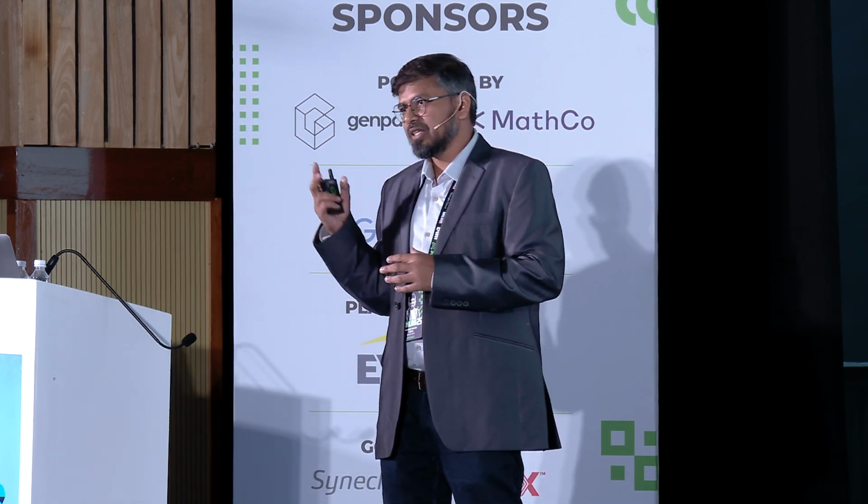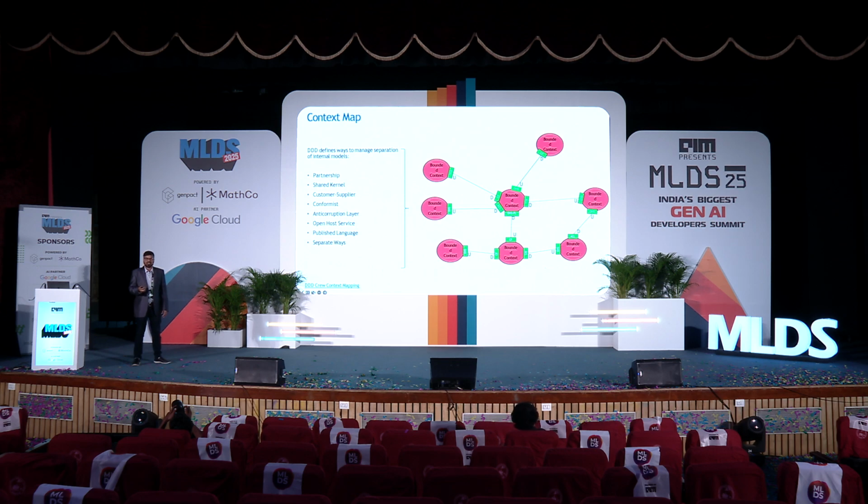Whether it is partnership-based, because two different teams are working on it, or an anti-corruption layer, or you share your model and the other has to adapt to your model, or an open host service, where you send a request and they give their model and you work on top of that. So this is at the domain level, and based on that, you can decide which technology to go ahead with, asynchronous, synchronous, and so forth.